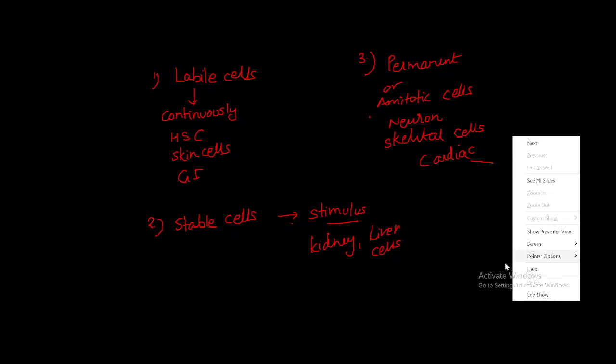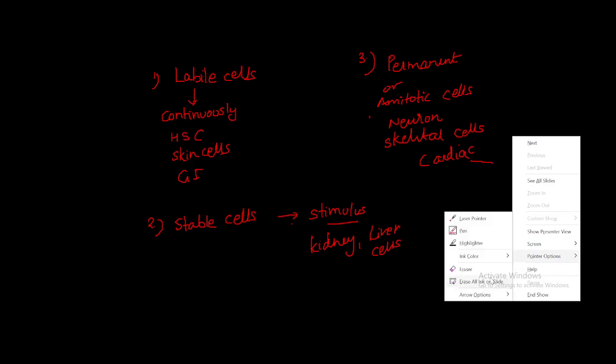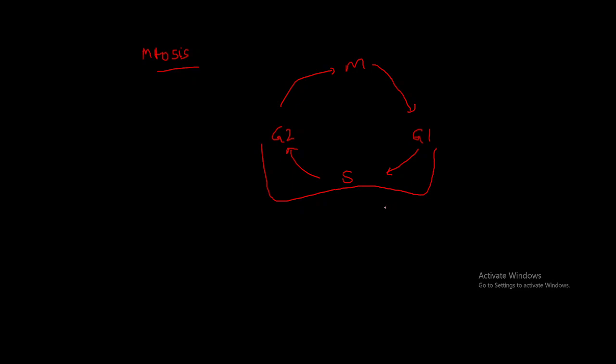Now we are coming to the mitosis. In the mitosis, basically, there are two growth phases, G1 and G2. There is one phase which is the S phase, where the DNA replication occurs, and then there is a mitotic phase. These three together are known as interphase.